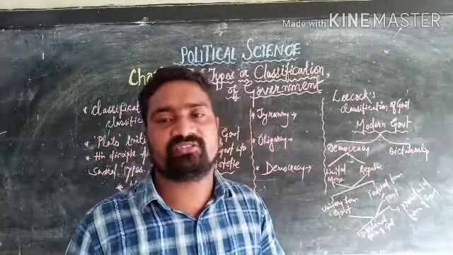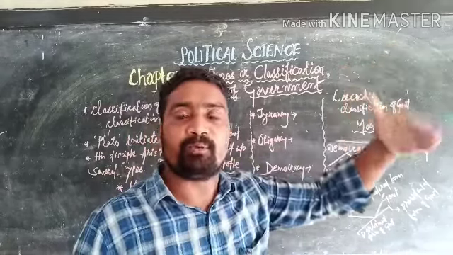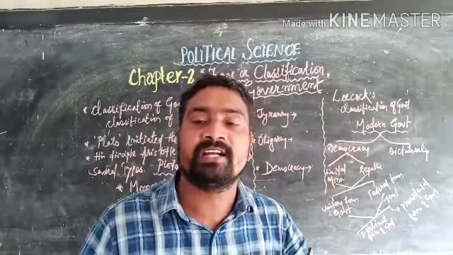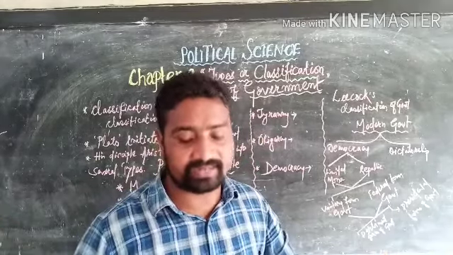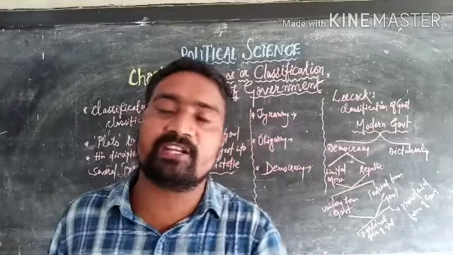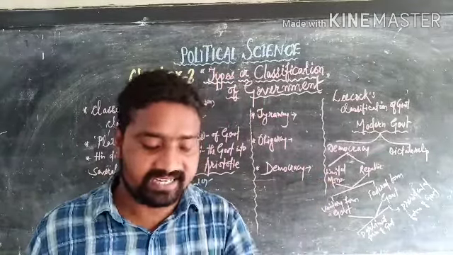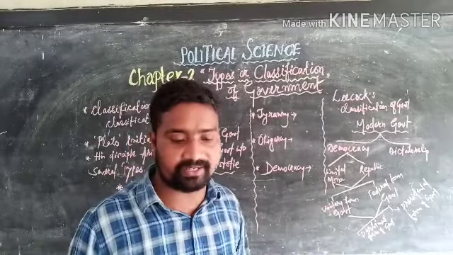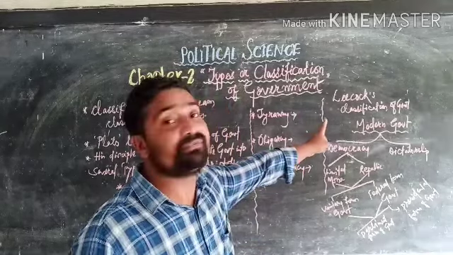In this modern age, there came so many political scientists who classified the modern form of government according to their views and thoughts. But Stephen Leacock's classification of government is regarded as one of the most acceptable classifications. So let's see how he has classified the form of government.